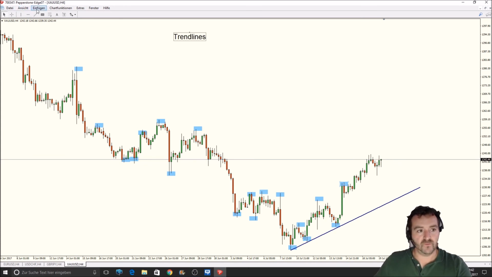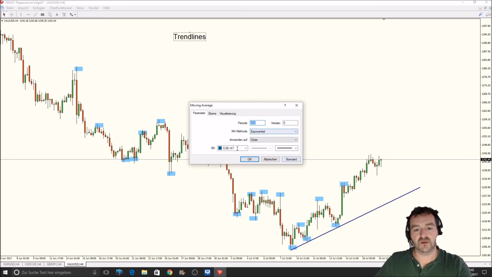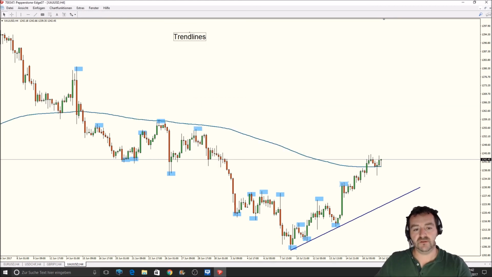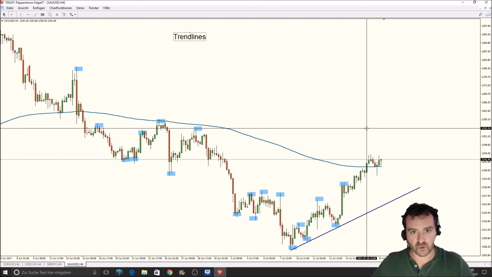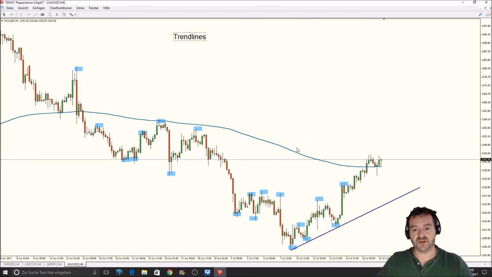Number 2, we use the 200 moving average, saying here now the market turns long because it broke the 200 moving average and price is now trading above it. Until yesterday, July 18th, the market on gold went long also according to the 200 period moving average. Number 3, the price structure.